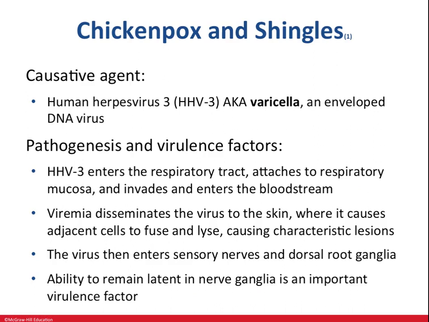Human herpes virus 3, also known as varicella, is a DNA virus. It can be found in the respiratory tract.